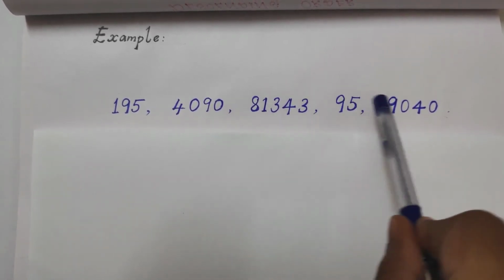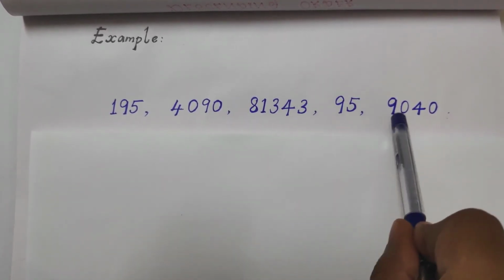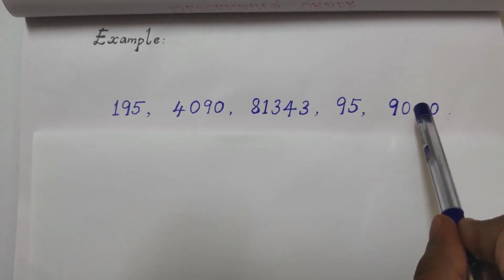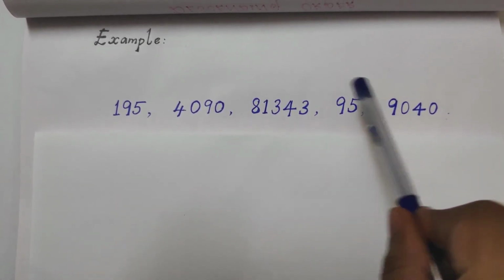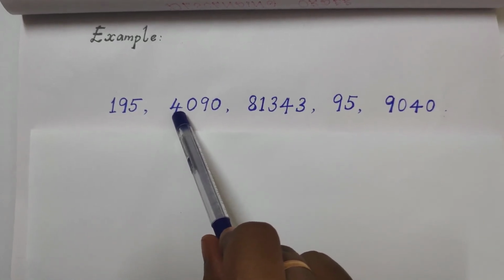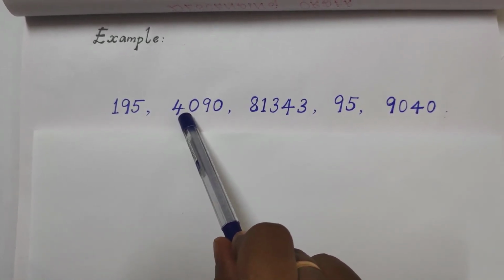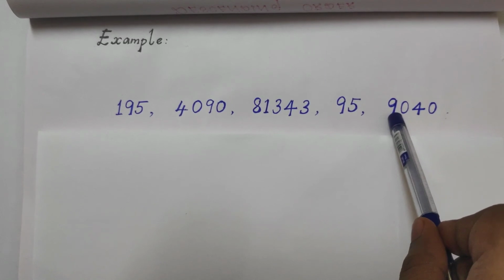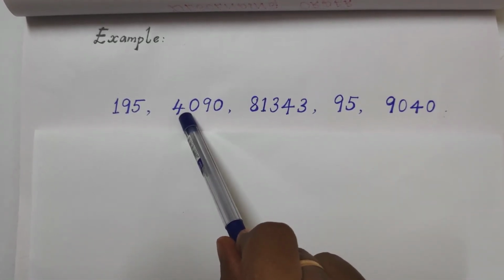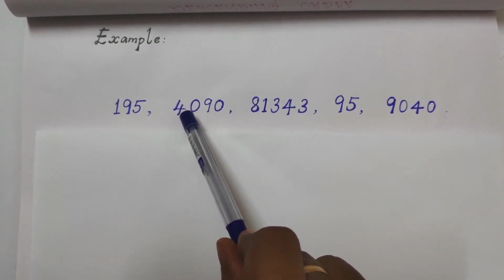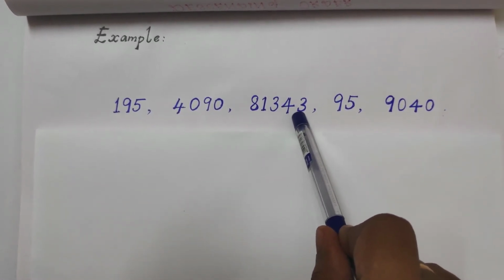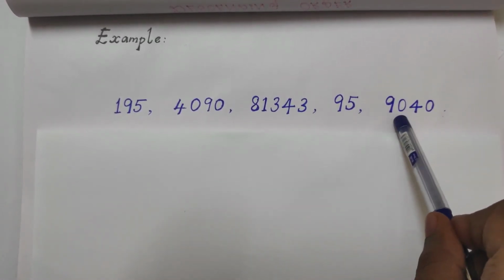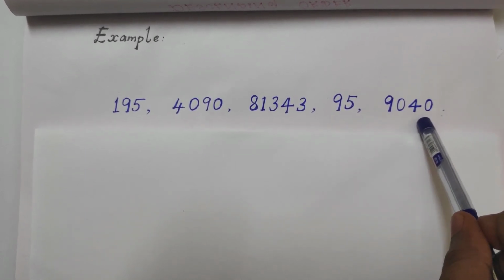Now let's compare the first digit for both the numbers. For 9,040, the first digit is 9, and for 4,090, the first digit is 4. Here, 9 is greater than 4. So the next number after 81,343 is 9,040.